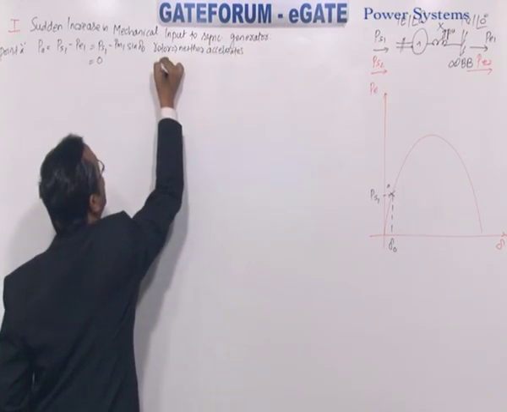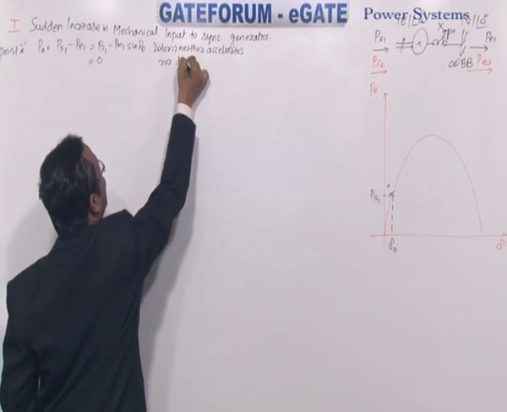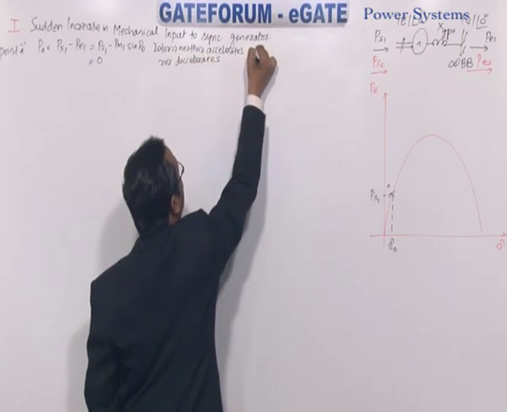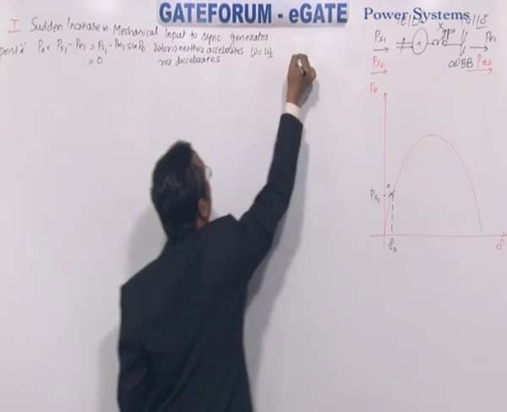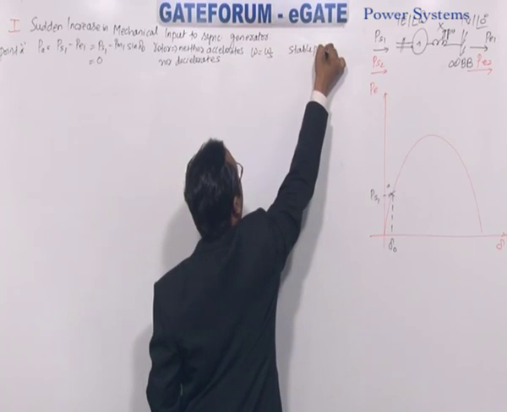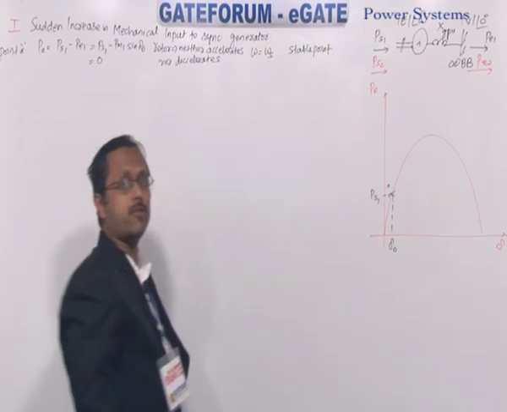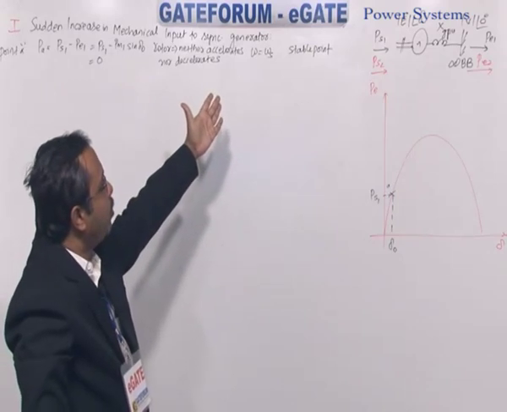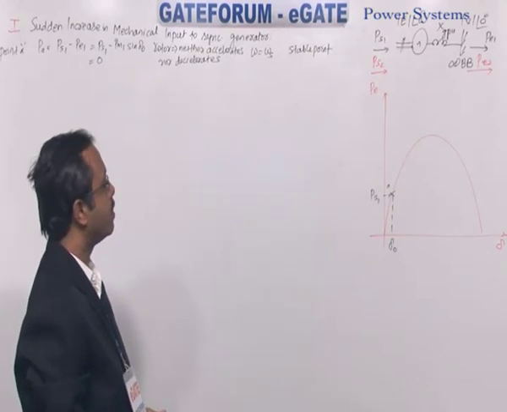Rotor neither accelerates nor decelerates. So what will be the value of omega? Equal to omega s. And which point does it refer to? Stable point, because we require both PA equal to 0 and omega equal to omega s.